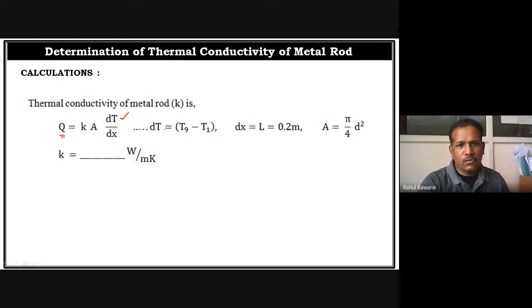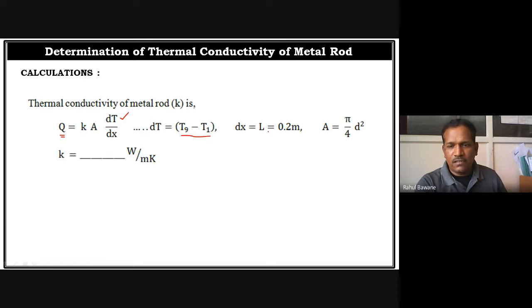For dT, we are considering T1 minus T9, so dT will be the temperature difference of the first thermocouple minus the last thermocouple on the test length. T1 minus T9, if there is no negative sign; if there is a negative sign, then T9 minus T1.